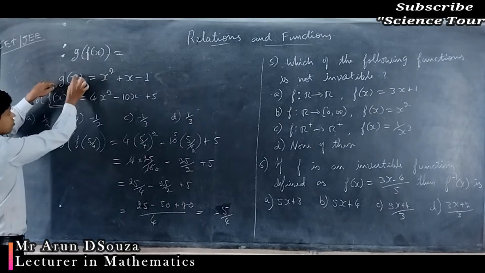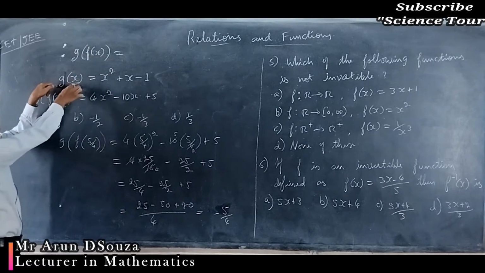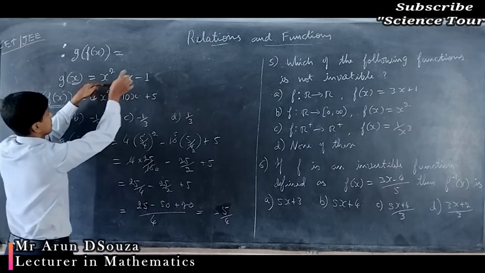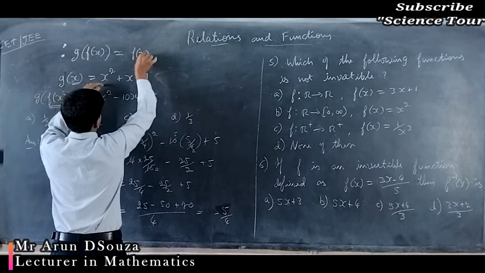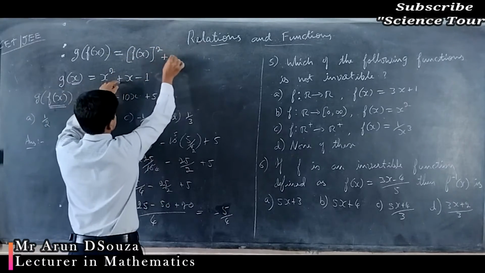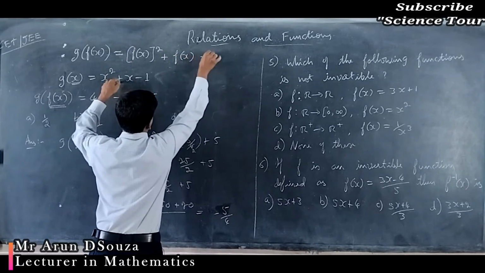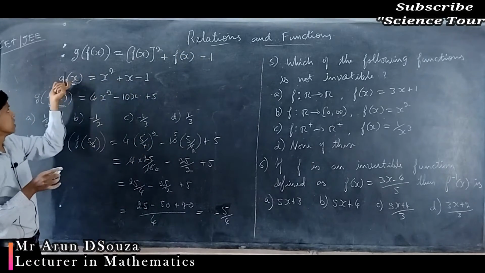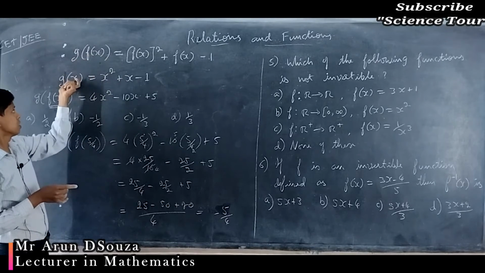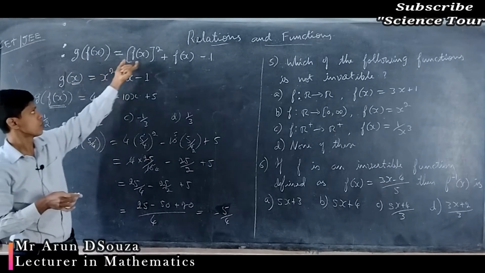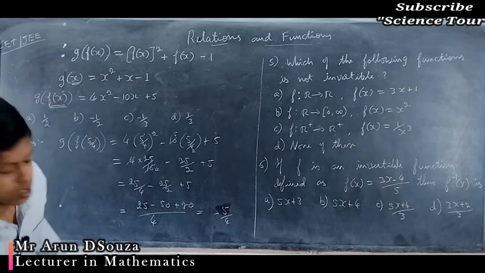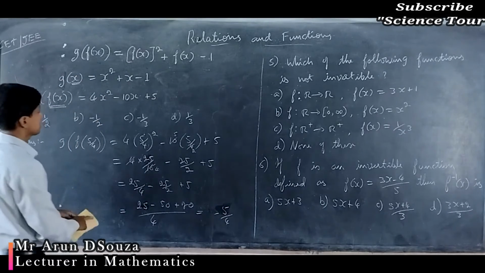In place of x I am going to substitute f of x. So that is f of x whole square plus f of x minus 1. I hope you understood this. g of x is this; for g of f of x, in place of x put f of x. That's it. Now the work is so much easier.